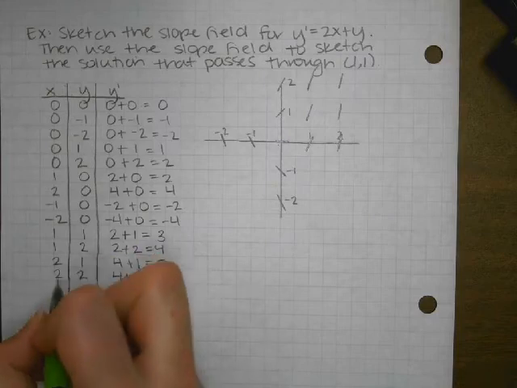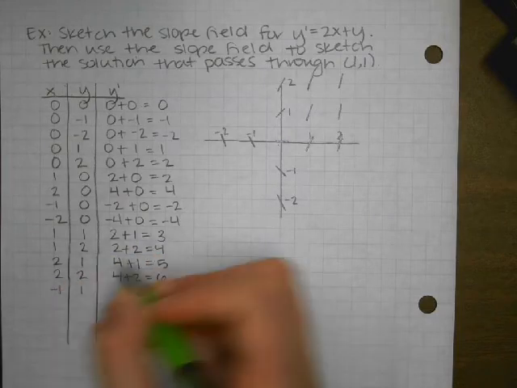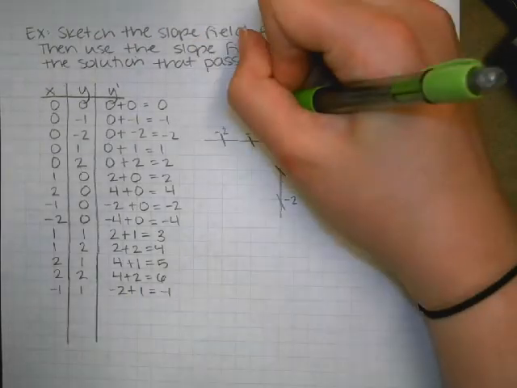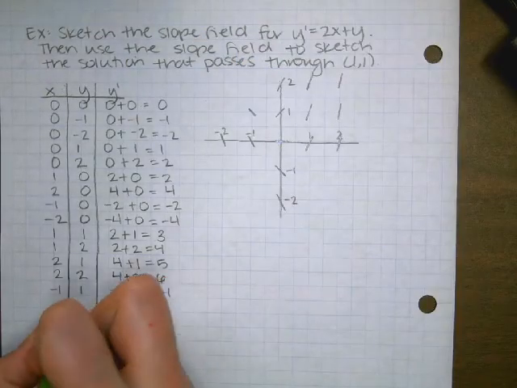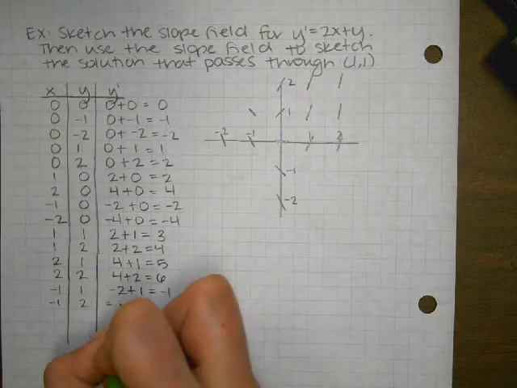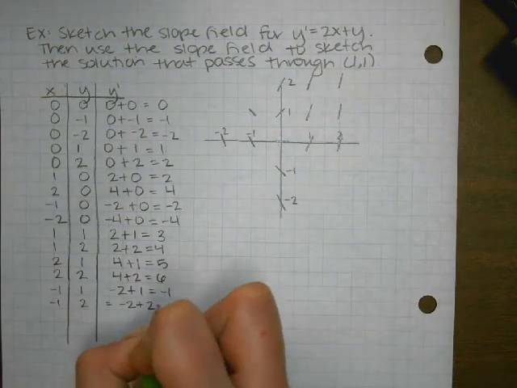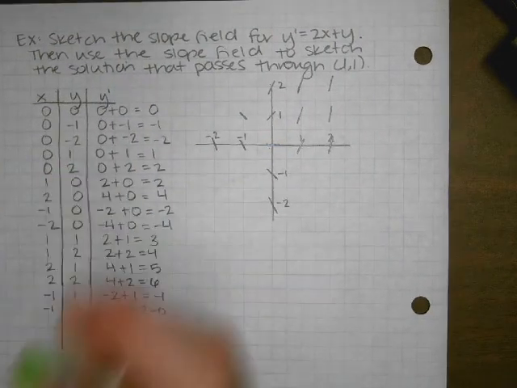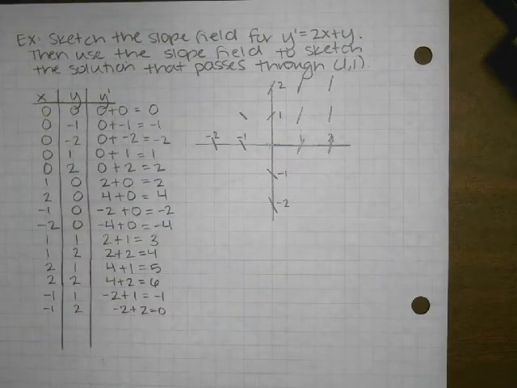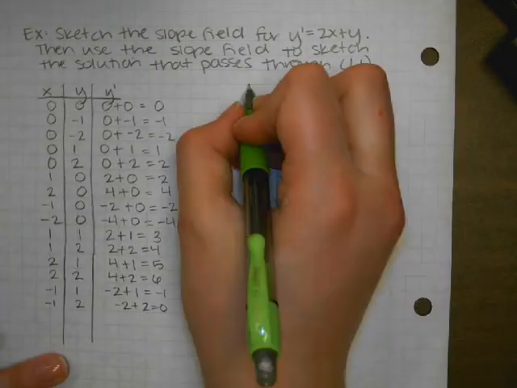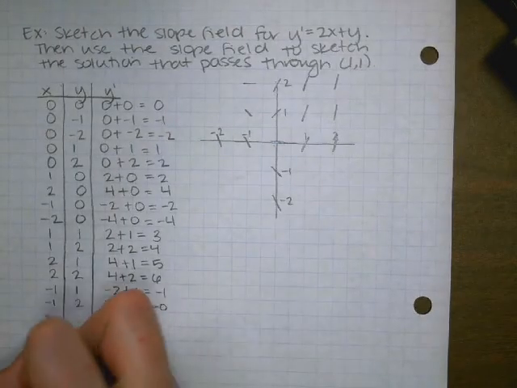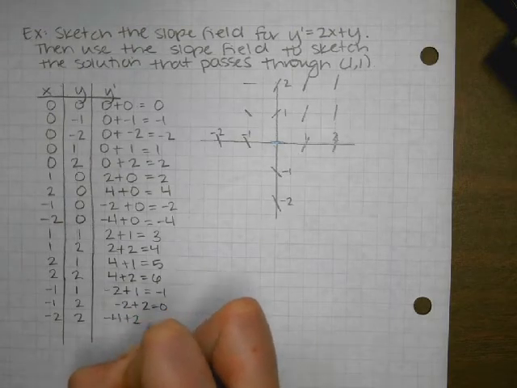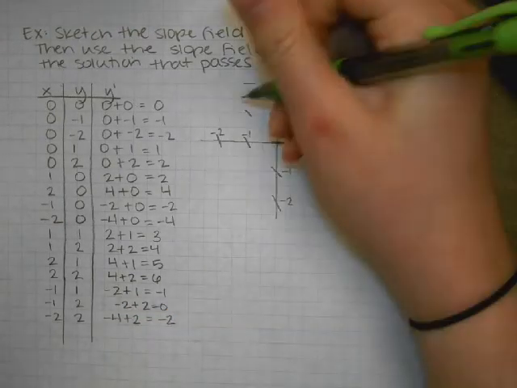All right, we've got negative 1 and 1. That's negative 2 plus 1 is negative 1. Negative 1 and 2 is negative 2 plus 2 is 0. I don't know why I wrote that equal sign. Negative 2 and 2 is negative 4 plus 2 is negative 2.